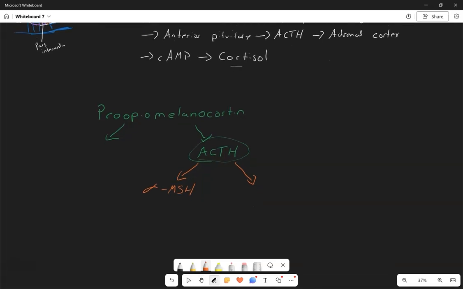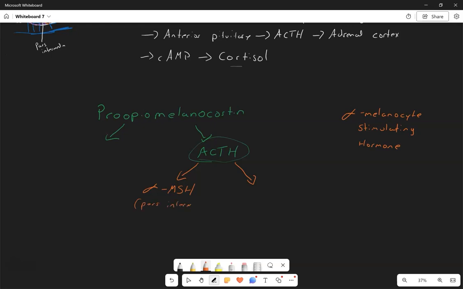Okay, so alpha melanocyte stimulating hormone. I'm going to write this up here just so we have it all written out. Alpha melanocyte stimulating hormone.